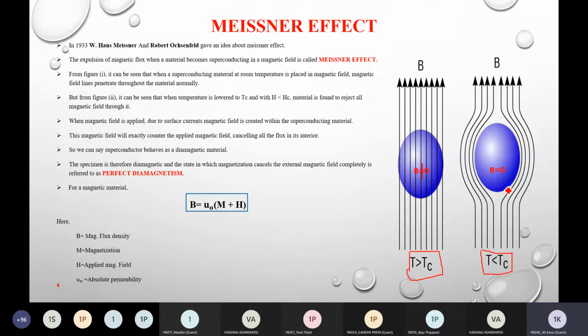field, the external magnetic field and the internal field are subtracting each other, and the magnetic field inside the material or any specimen would be 0. So in T greater than Tc, the field is greater than Hc.